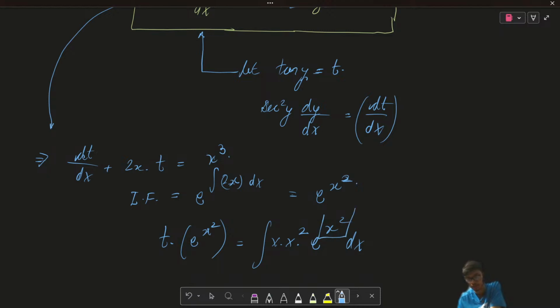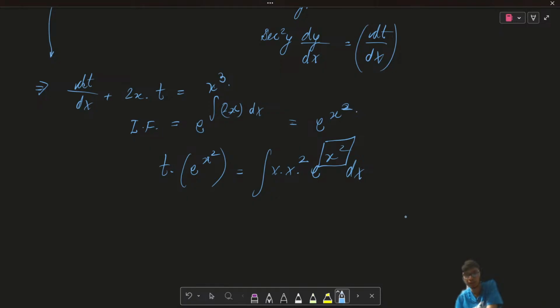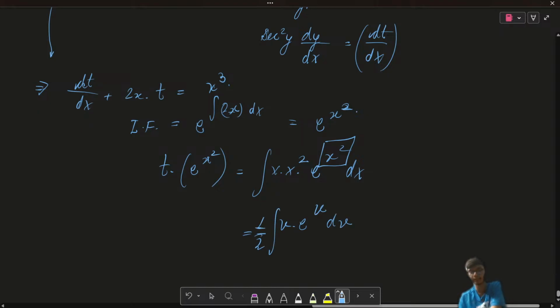If I assume x square as another variable v, then 2x dx becomes dv. So this form will be equal to v into e to the power v dv. Now don't forget there should be a 1 upon 2 term over here, and the integration of this. So the general solution is in this particular form.